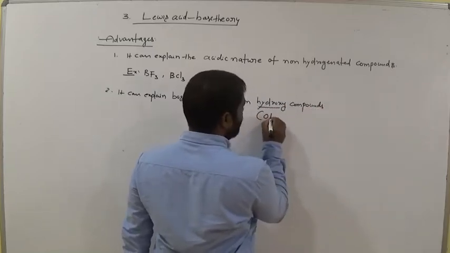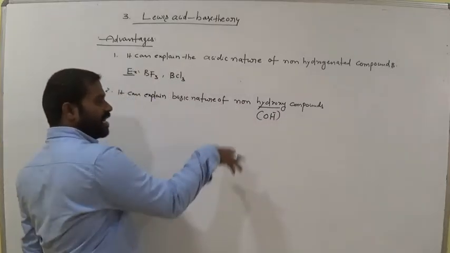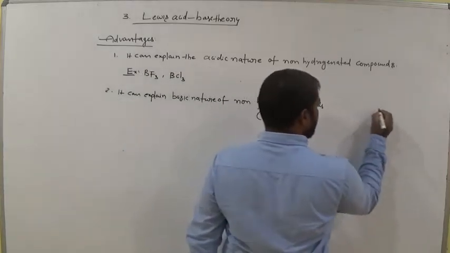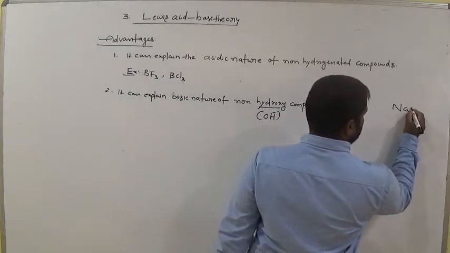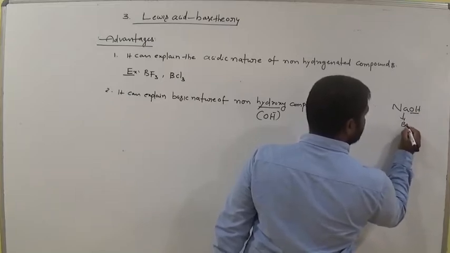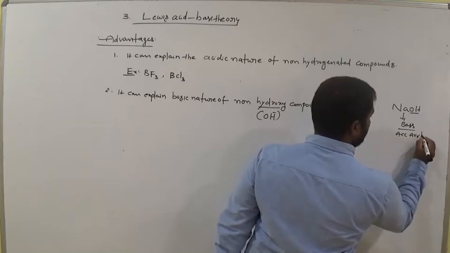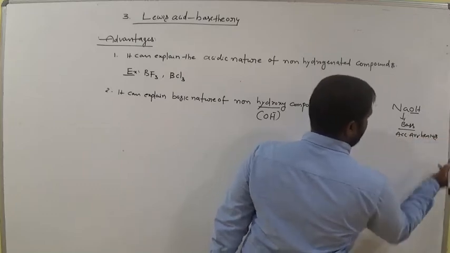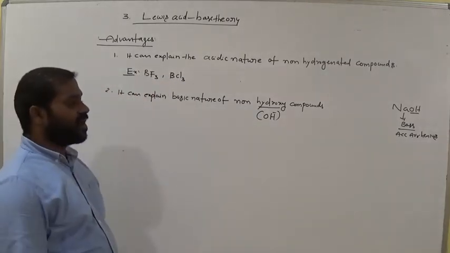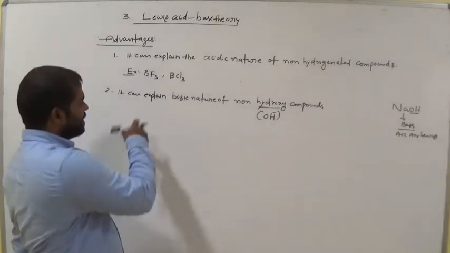Hydroxy means OH minus, the hydroxyl group. If any compound has an OH group, we call it a base, like simply NaOH, sodium hydroxide. It consists of an OH hydroxyl group, so it is called a base according to Arrhenius theory. Am I right? So now it can explain the basic nature of non-hydroxy compounds. That means non-hydroxy compounds act as basic.